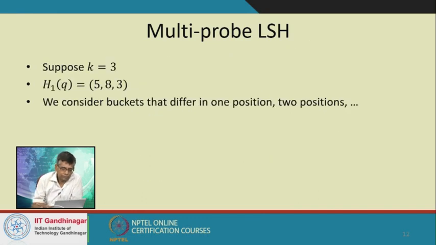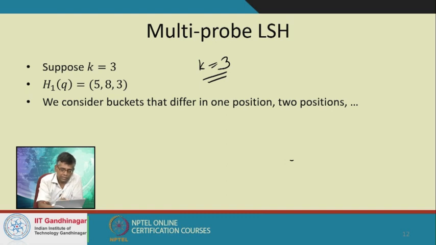Just to be very specific, supposing k equal to 3. The first hash table has buckets that have bucket IDs that are tuples of 3. Supposing H1 is the first hash table, and suppose Q falls in H1 of Q, which is 583.